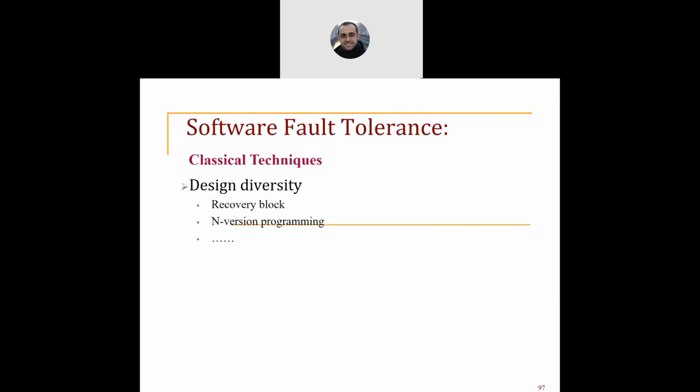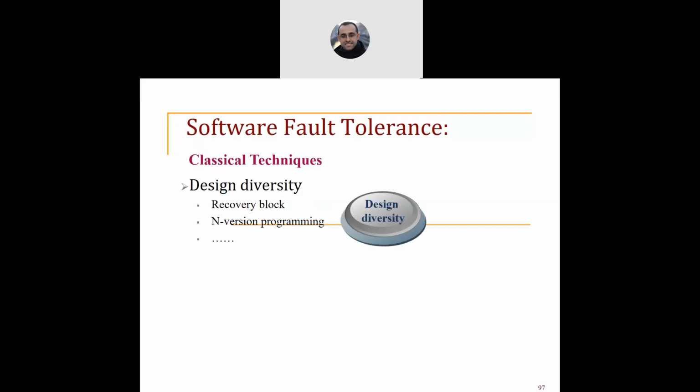And then there are multiple ways of using them. One of them is called recovery block, from the University of Newcastle upon Tyne in the UK. And the second is N-version programming, from UCLA in the US. So with design diversity, you use multiple diverse versions rather than identical copies. But what we find is that the cost of producing 1 version itself is very high, so the cost of producing multiple versions is prohibitive.